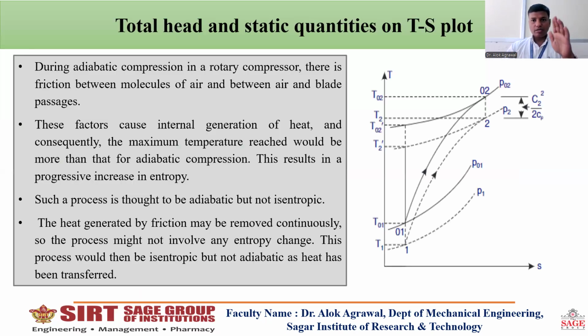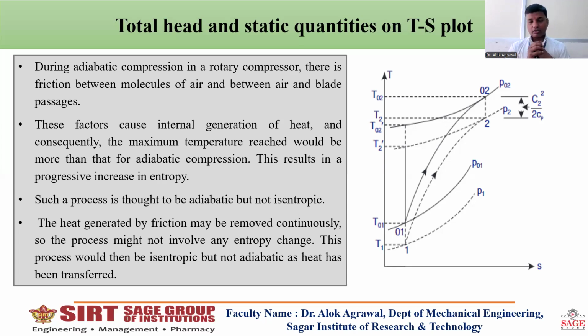Now, if we look at the graph between T and S, whenever there is a flow of fluid, state 1 will move to state 2, but there is always friction between the air molecules and between the air and blade passages. So there will be more heat generation because we are doing work. The compressor is a power absorbing device.